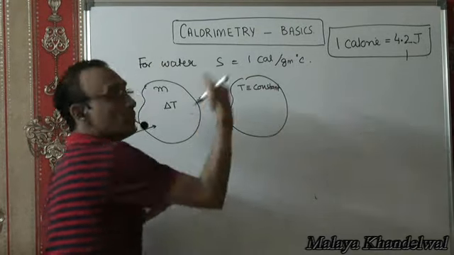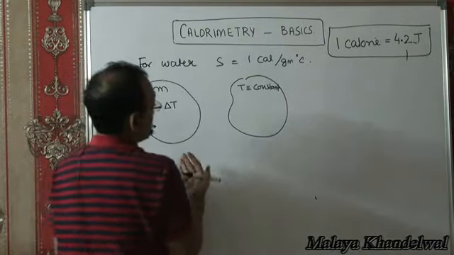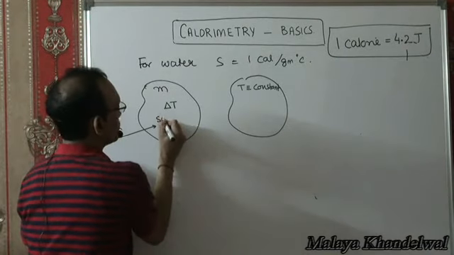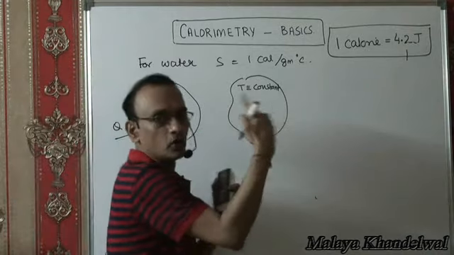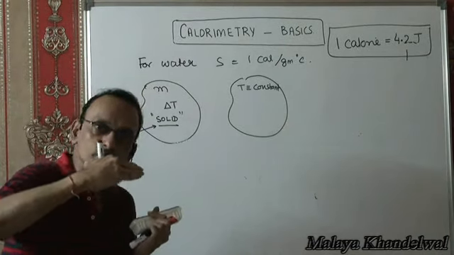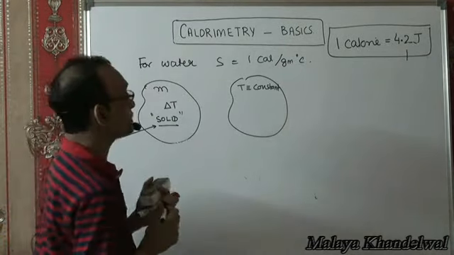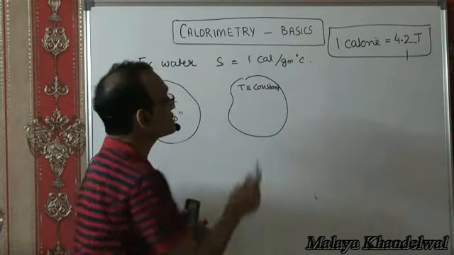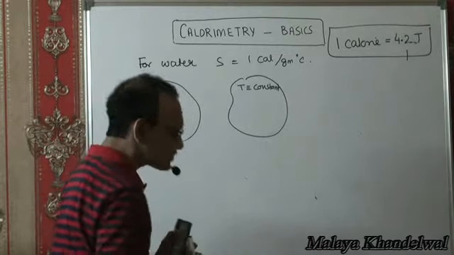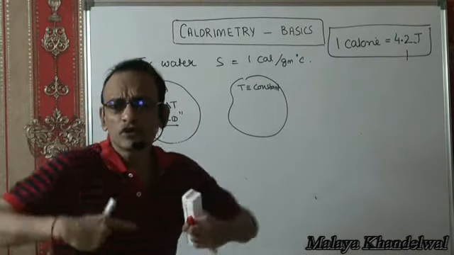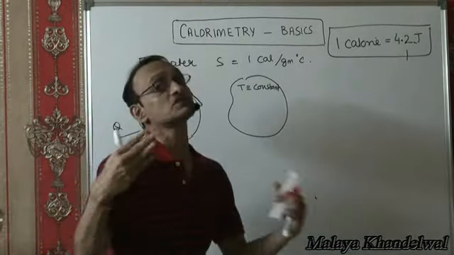If you keep supplying more and more heat to, let's say, a solid substance, initially there is going to be an elevation of temperature. But after a while, the temperature becomes constant, and if you keep supplying heat, temperature remains constant for a while.